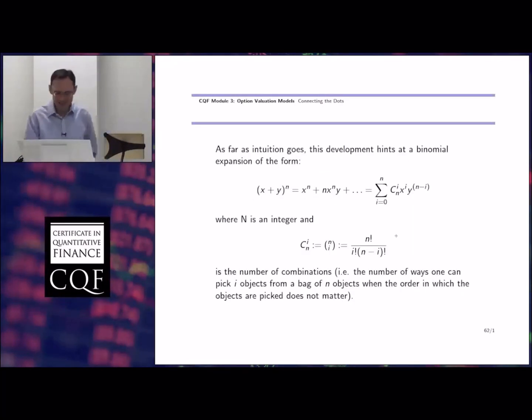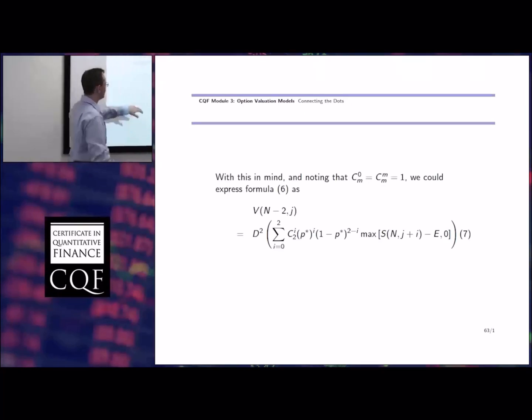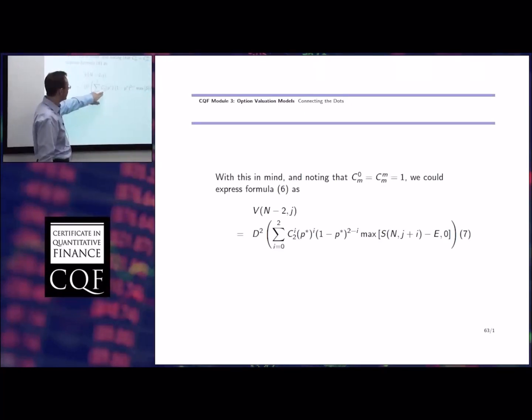So that really hints at this binomial development, which means that rather than writing the long formula, we could compress it using our good old friends, the number of combinations.